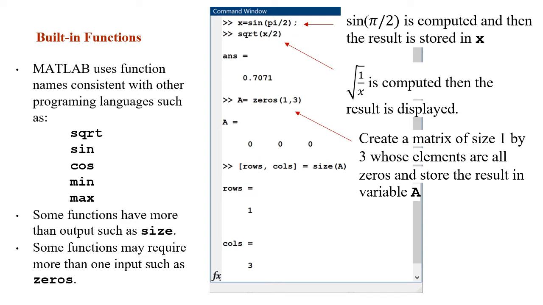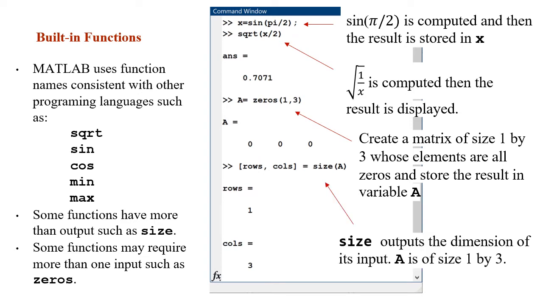Now we can call the size function on A. Since size will output more than one output, we can simply store the output of size of A into an array of variables. The first element in the array is rows, and then we have columns. So since A has the size 1 by 3, meaning the number of rows in A is 1 and the number of columns in A is 3.